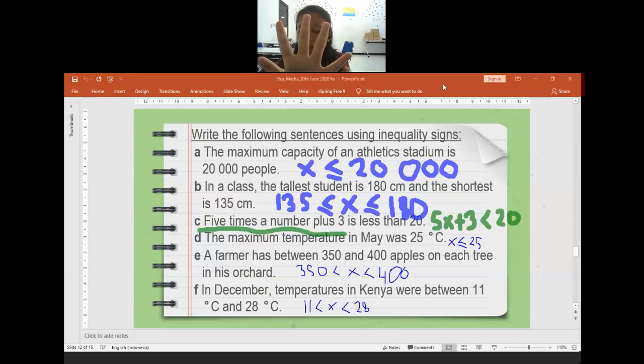Three, right? Is the first one and the last one counted or not? No, because when it is in between, the first one and the last one are not counted. That's why there is no equal sign for questions E and F.